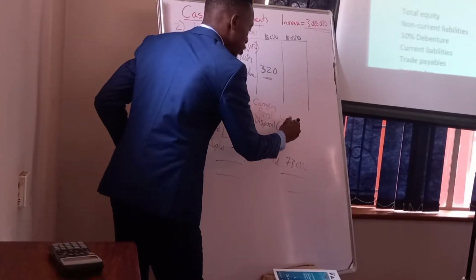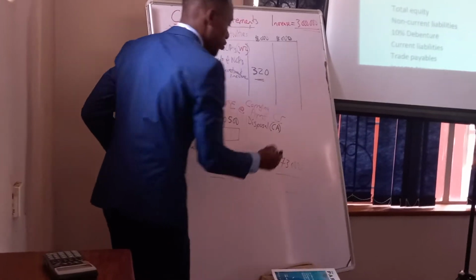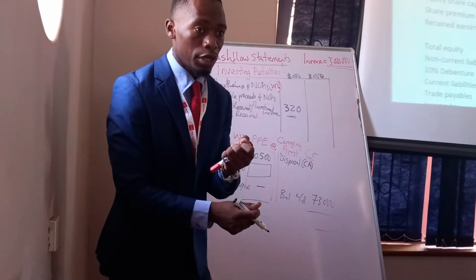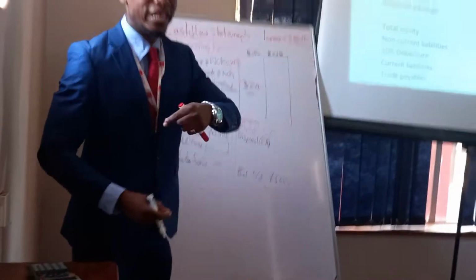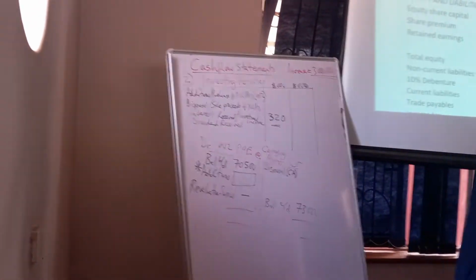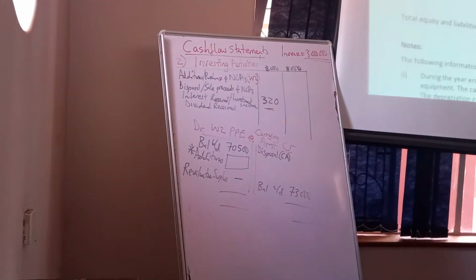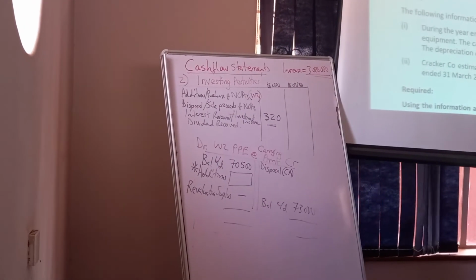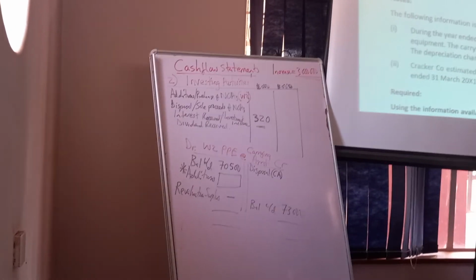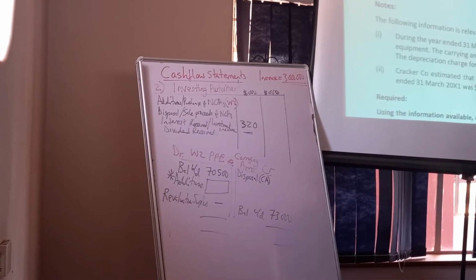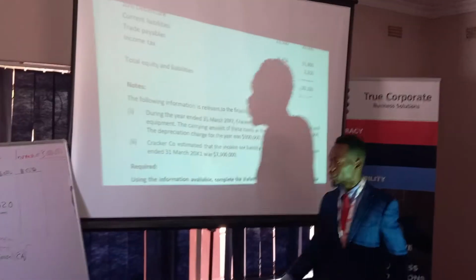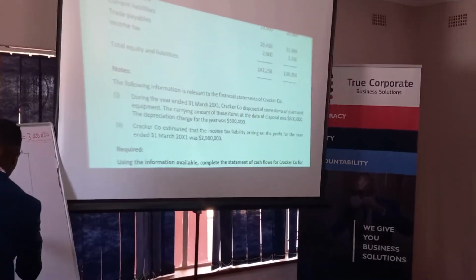So we need the disposal at carrying amount. We are not recording the amount that you received, but we are recording the carrying amount of the asset that was disposed. So let's look at the question on note number 1. Are we given the carrying amount of the asset that was disposed? The carrying amount of the items at the disposal date is 800,000. It is given, so it's there.